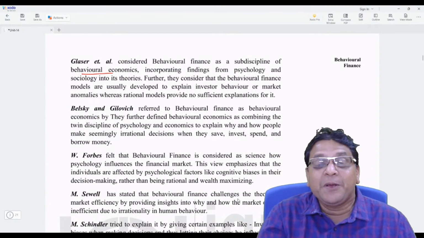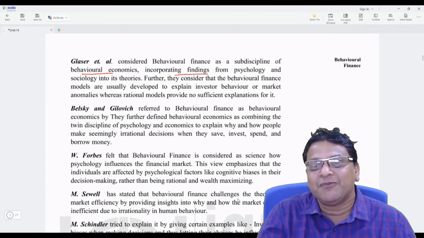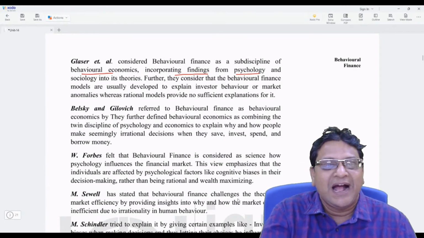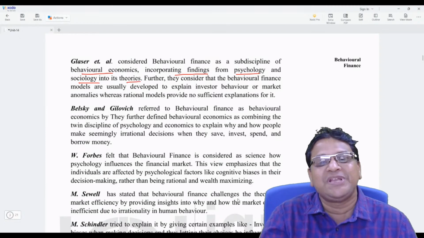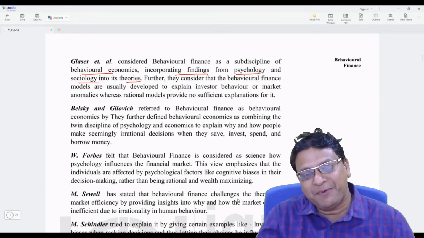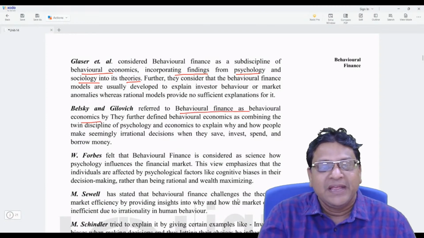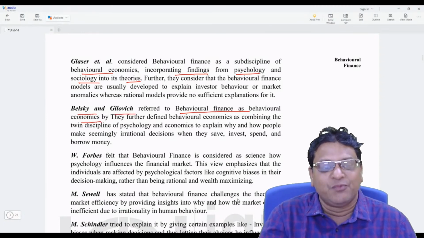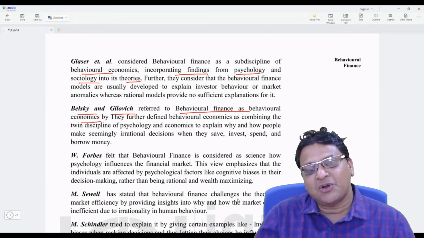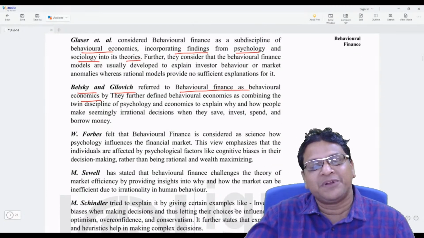Glaster tells that behavioral finance incorporates the findings from psychology and sociology into the theories of finance. Behavioral finance is also referred to as behavioral economics by Belsky and Gilovich. So these are certain definitions of behavioral finance.